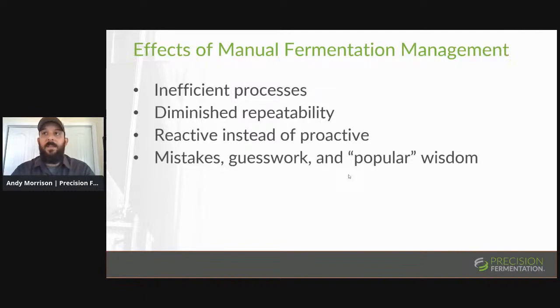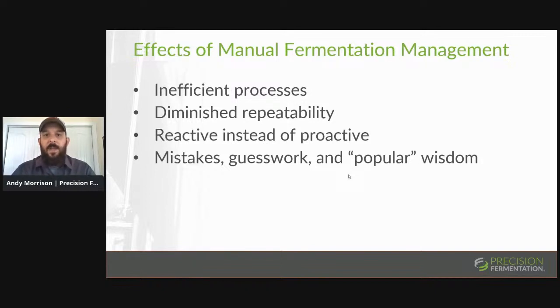And it means that you're waiting potentially weeks to figure out that something has gone wrong retroactively, where you're really working reactively instead of proactively, and you're relying on guesswork and popular wisdom, right? So, how many brewers out there have said, well, my beer always takes 6 days in tank, so I'm going to leave it sitting there for the first 3 or 4 days as long as the bucket is bubbling.